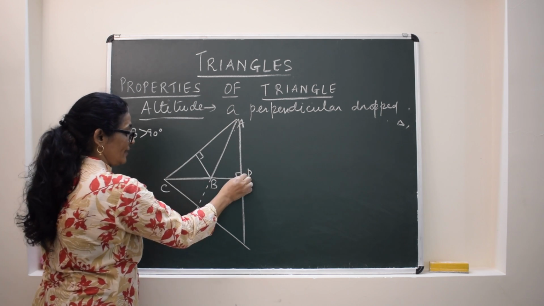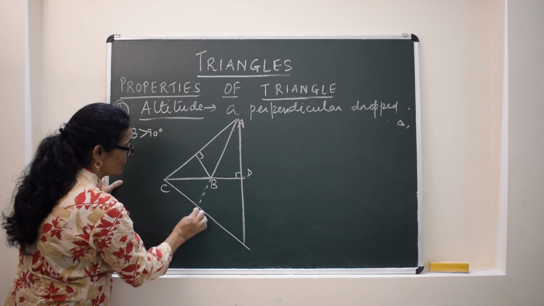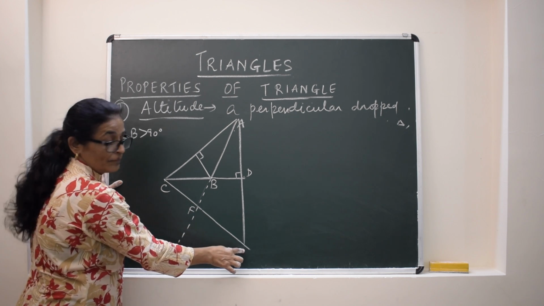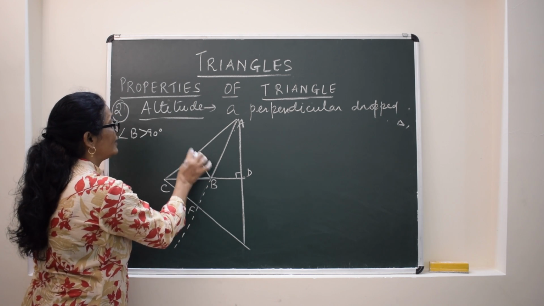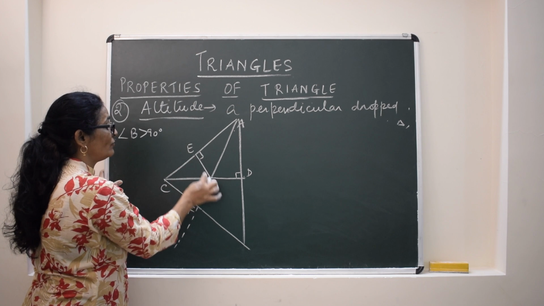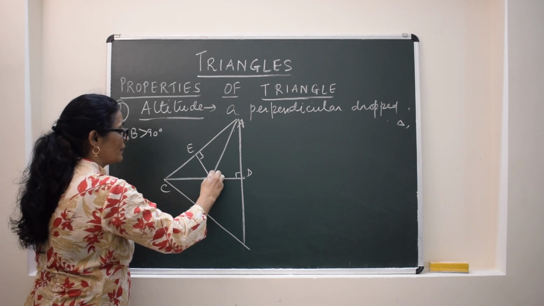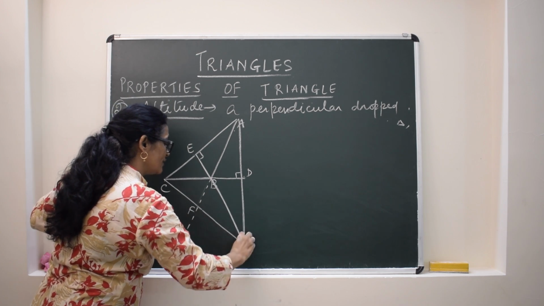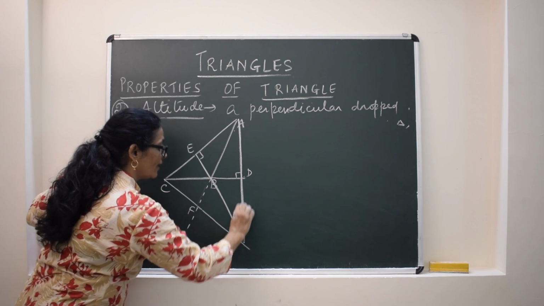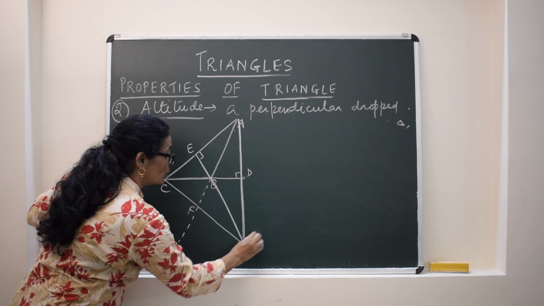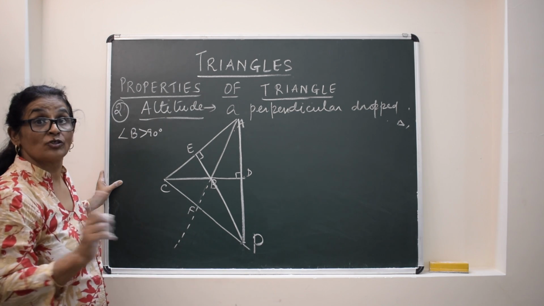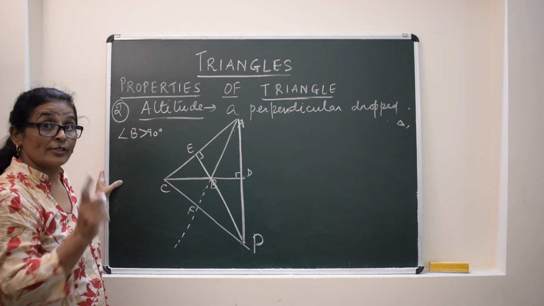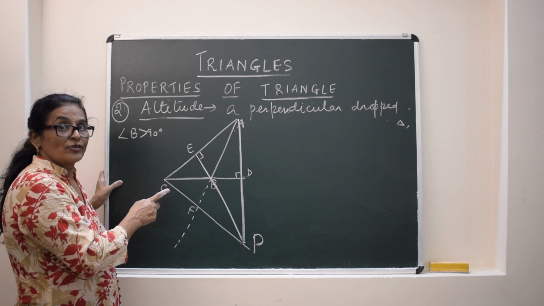So this is AD, this is CF on this AB, produced till here, and this BE. This altitude we are not producing this side, but rather we will bring it back. So all these three altitudes are meeting outside the triangle for a special obtuse angle triangle.